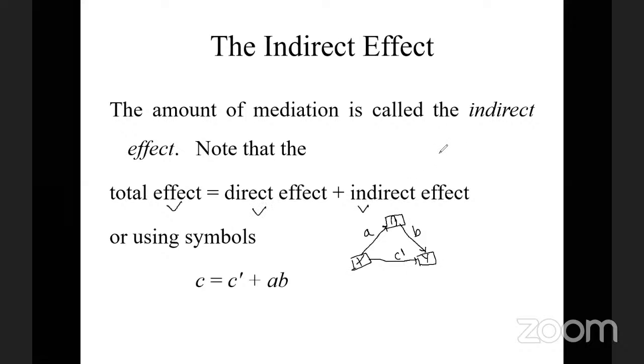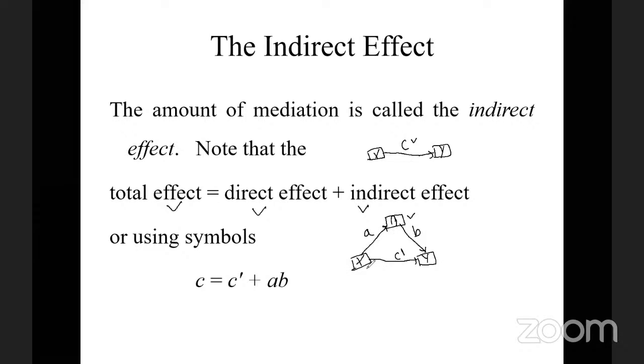In the first slide, I discussed the unmediated relationship between y and x, denoted by C. C means the total effect. When I include the mediator variable, how do we get the total effect?